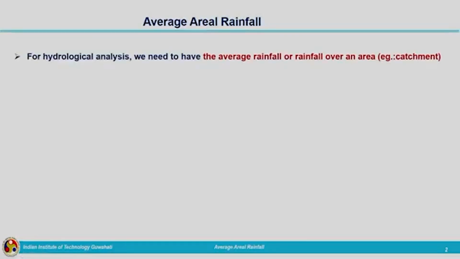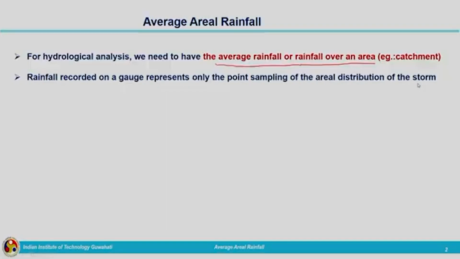So, average aerial rainfall. From the hydrologic point of view, we need the average rainfall, or the rainfall over an area. I told you in the beginning itself, we will be considering an area which is named catchment or watershed, different terminologies we have seen. So, what will be the average rainfall on a catchment?